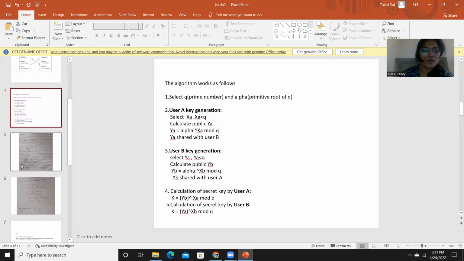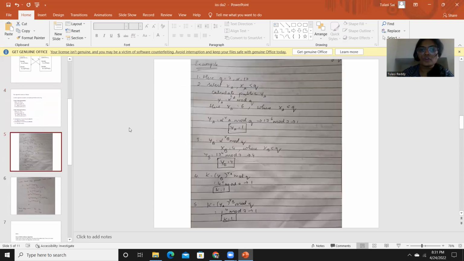So I'm going to show a simple example here. Let us consider Q is equal to 7 and alpha is equal to 17. As we know, in step 2 we have to select XA and it should be less than Q. So like 17, now calculate it in the formula.